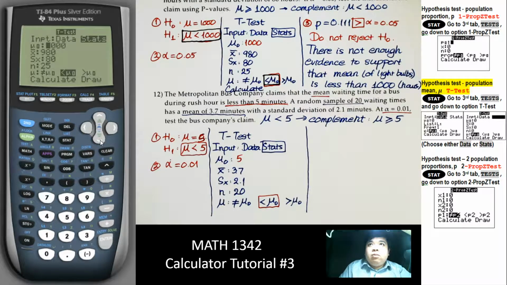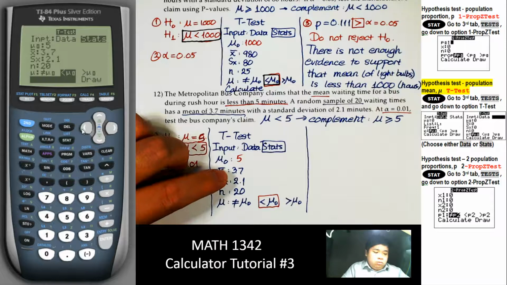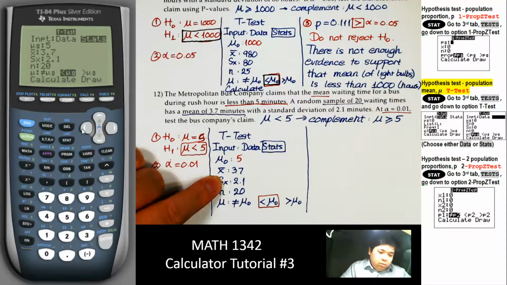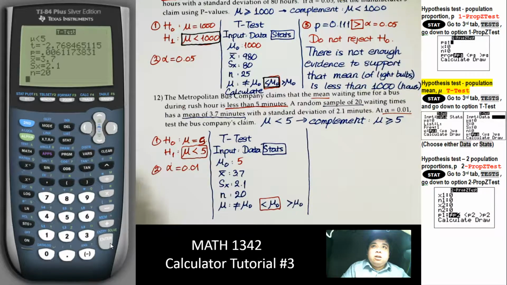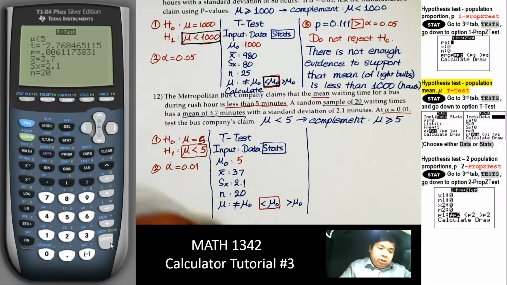So 5, 3.7, 2.1, and 20, and this is less than. So yeah, that's what we have. And calculate, and we have the p-value.